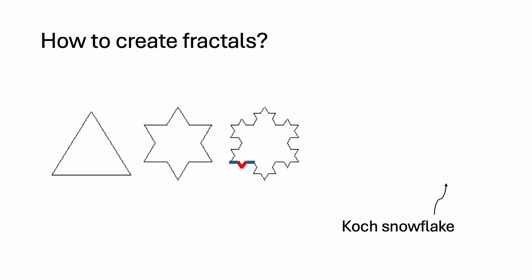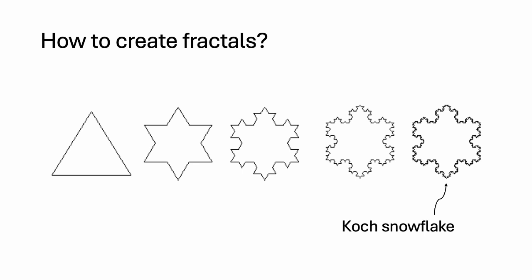Continuing this on and on, we get the final thing called the Koch snowflake, and this is how we create this fractal. Other fractals can also be created in this same kind of iterative way. Just keep on applying the same operation and we get this infinitely nested structure.